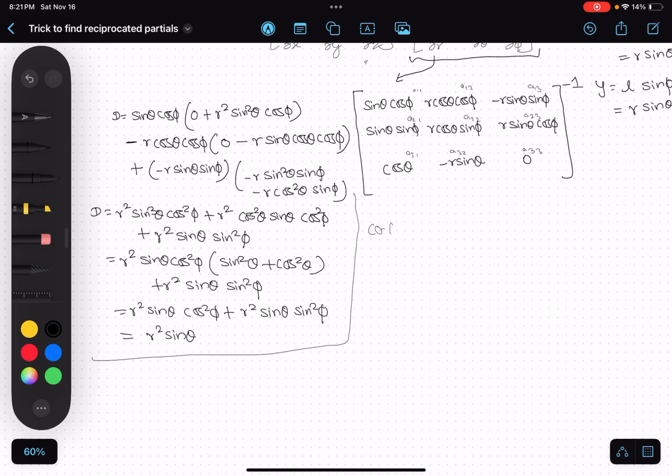Now, the cofactor of A11 will just be, so here there will be a positive sign, as I already told you. So plus minus plus minus plus minus plus minus plus, right? This is the sign. Basically, to find the sign, what you can do is raise -1 to the power of its location, and its location right now is 1 1.